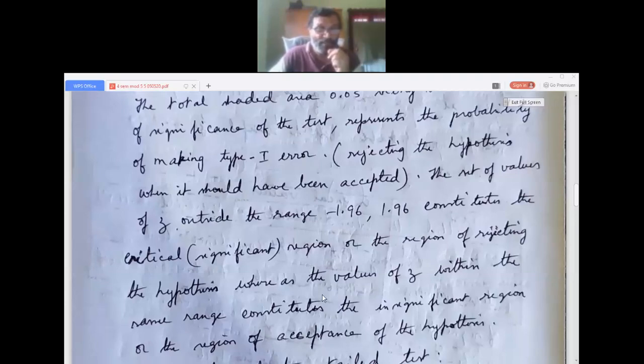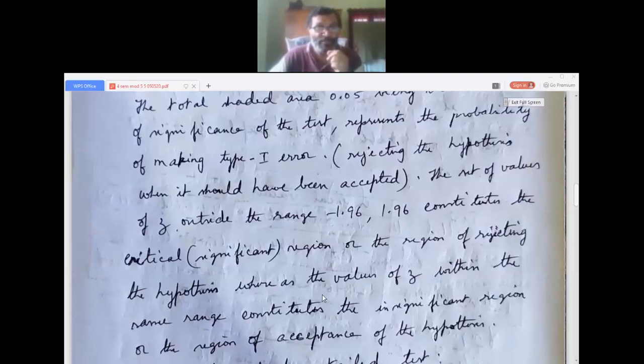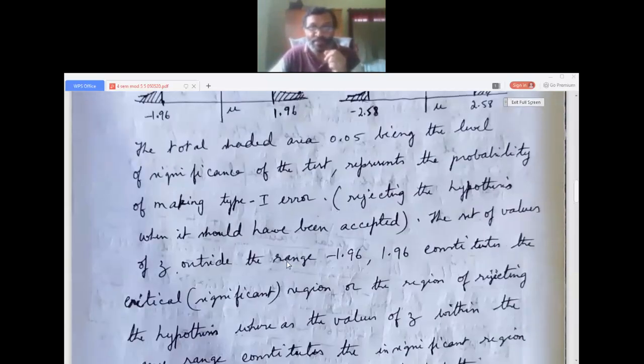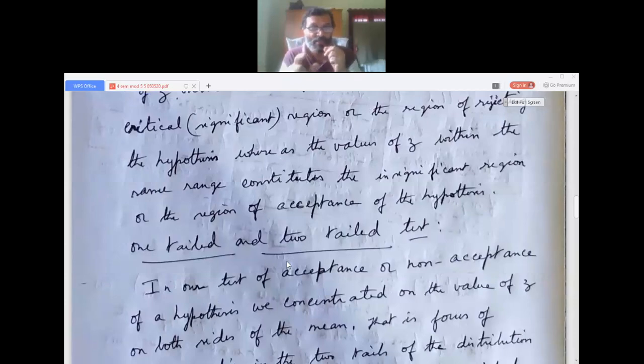Whereas the values of z within minus 1.96 to plus 1.96 are in the insignificant region, the region of acceptance. Outside is the region of rejecting; inside is the region of acceptance of the hypothesis.